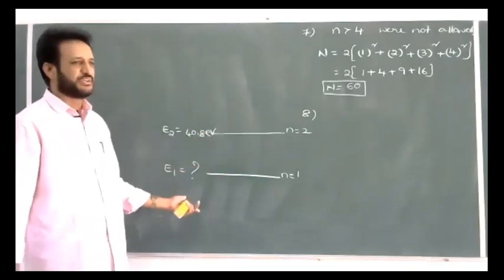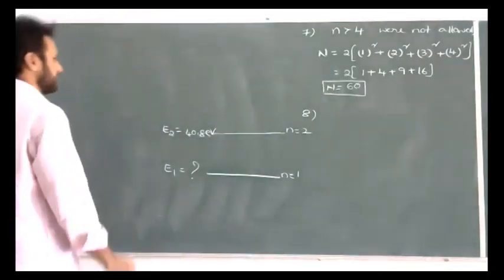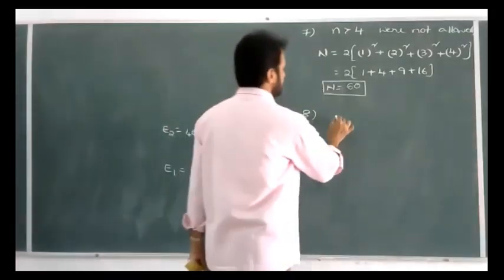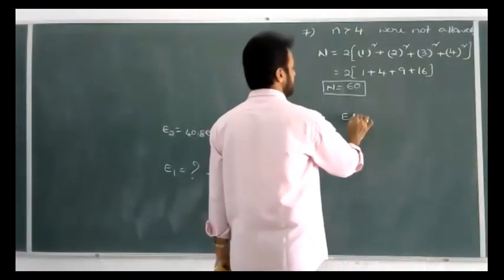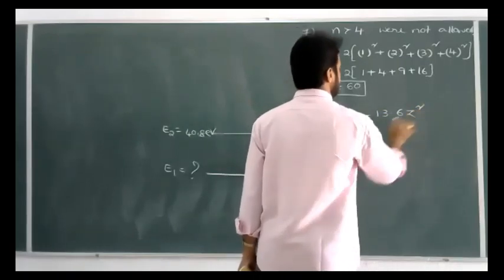So we should calculate. Energy E is proportional to 1 by n square. Simple formula you should write. In both cases it is a hydrogen-like atom only, so Z no need to take. The general formula is E equals minus 13.6 into Z square by n square.